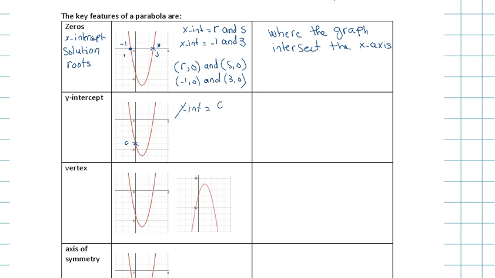Another way that you can write that is as a point. So it's going to be 0, C. The location of the 0 and the value is very important. So let's write the example. y-intercept equals, I think that's -4 here.